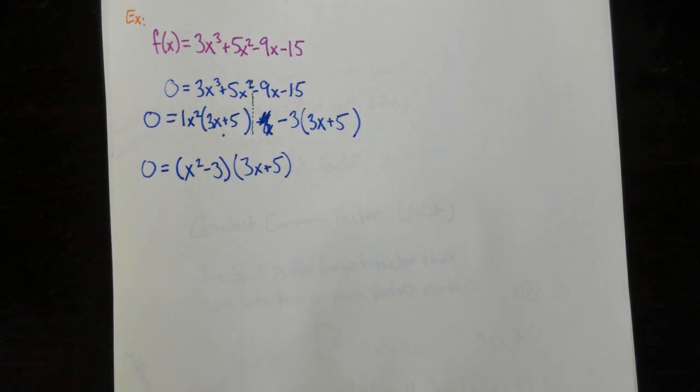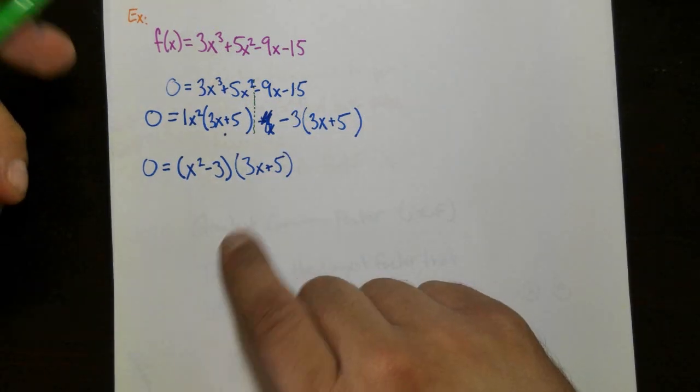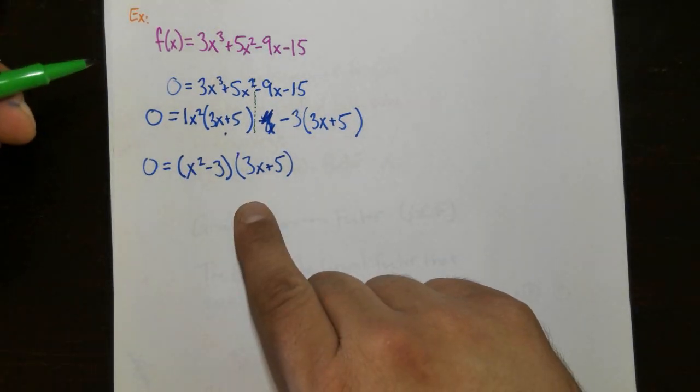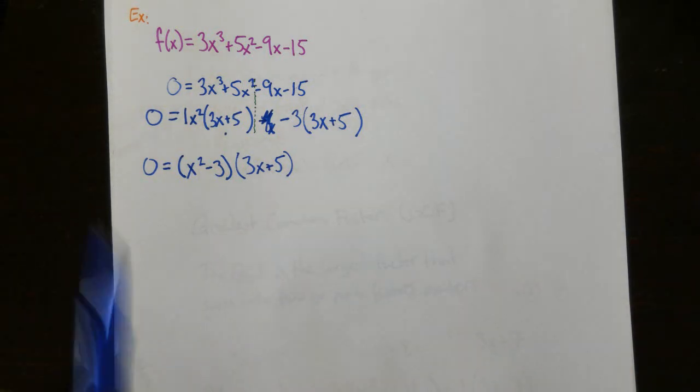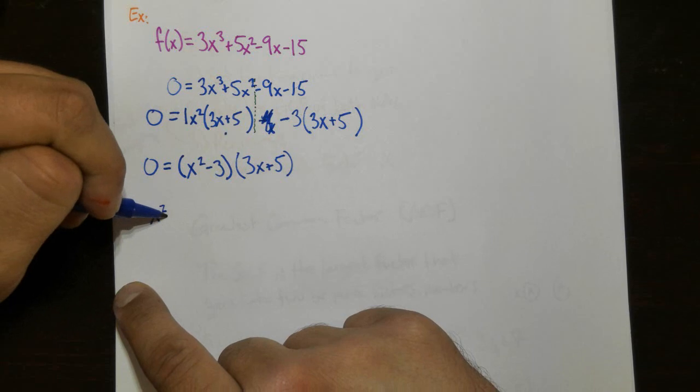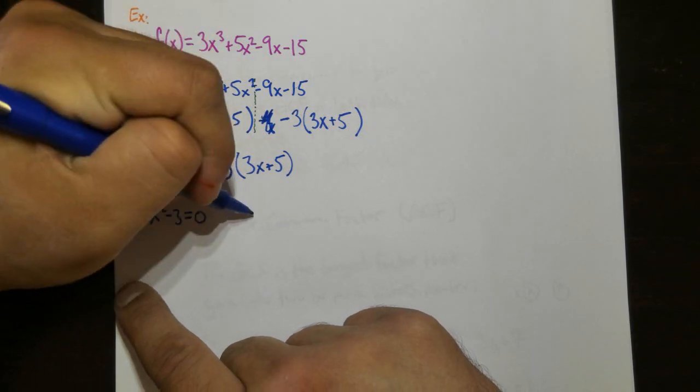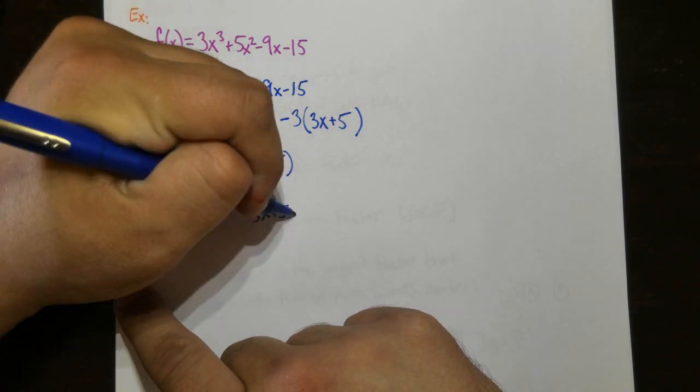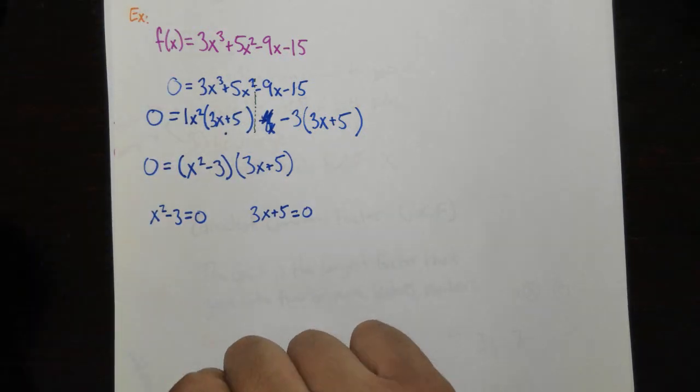All right. So now we can set each factor equal to 0 and solve for each x. So x squared minus 3 equals 0, and 3x plus 5 equals 0.